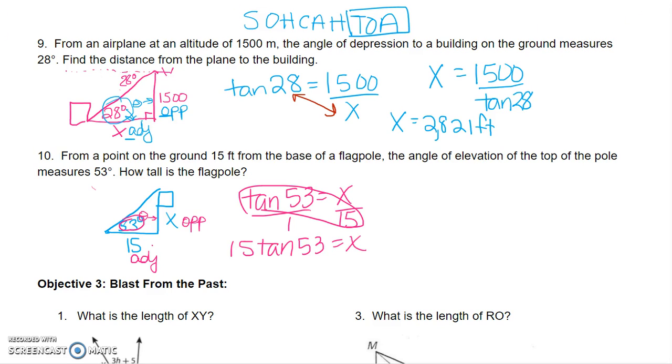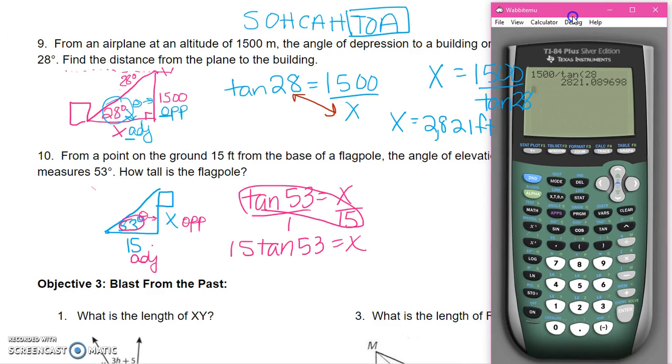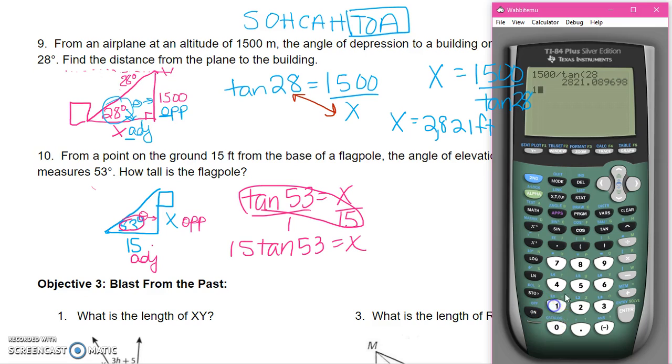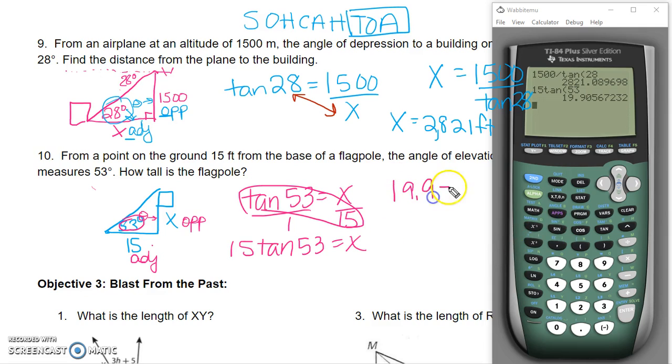And getting my calculator back over, I'm going to type in 15 tangent of 53, and that gives me the length of the flagpole is 19.9 feet. And that's the length of the flagpole. In just a moment, I'm going to move it up to get the objective 3, blast from the past.